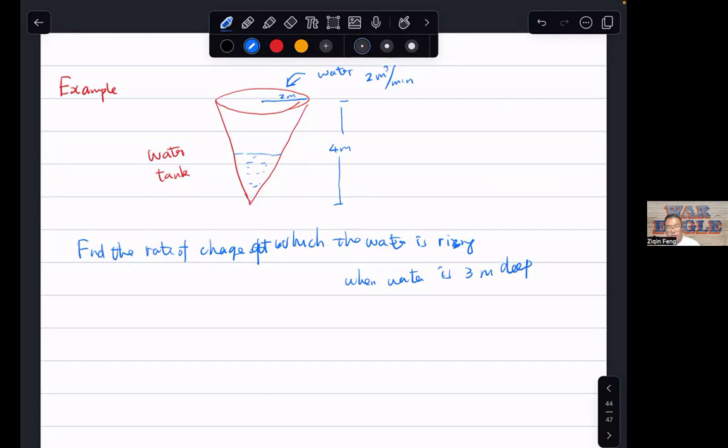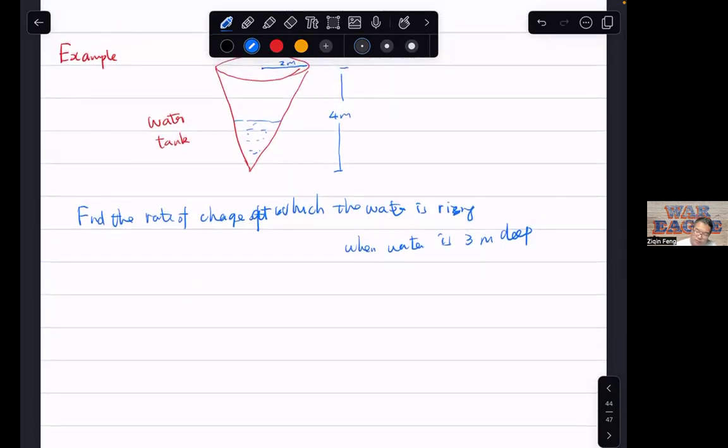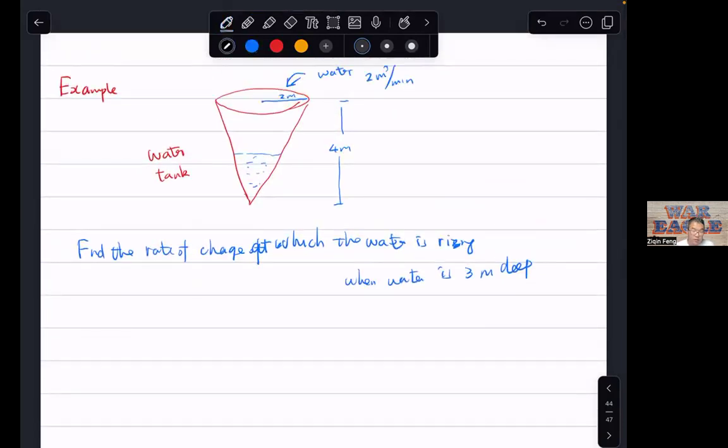So basically, you want to know how fast the depth of the water is going up, getting larger and larger. By our strategy, you need to set up an equation between the volume of the water and the height. So let's try to do that.